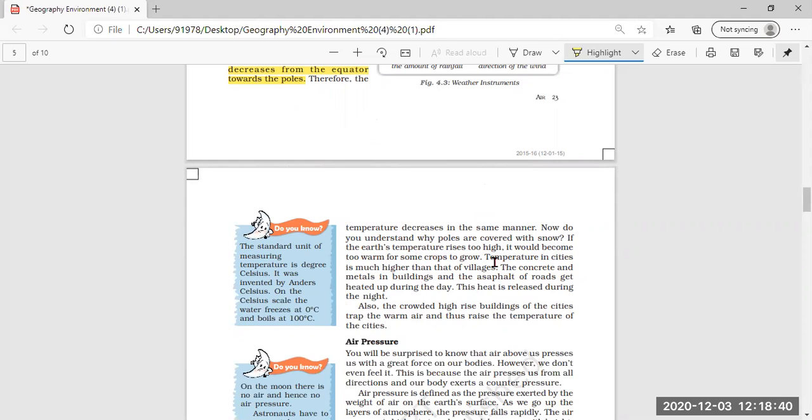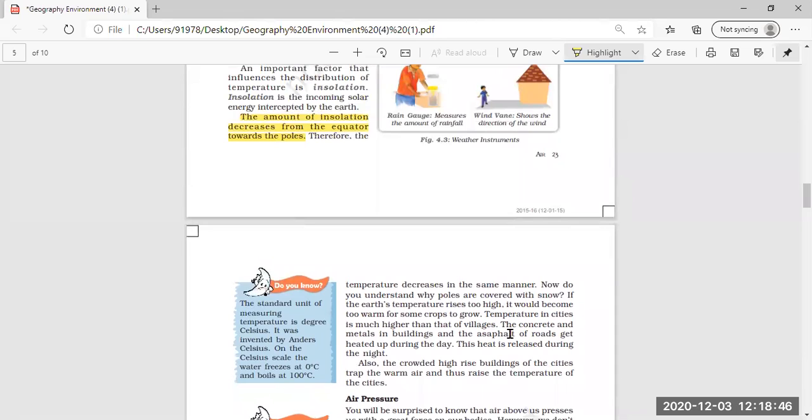Because their temperature is very low. The solar energy, the heat of the sun, doesn't reach there as much.